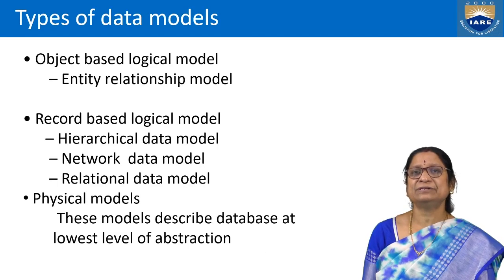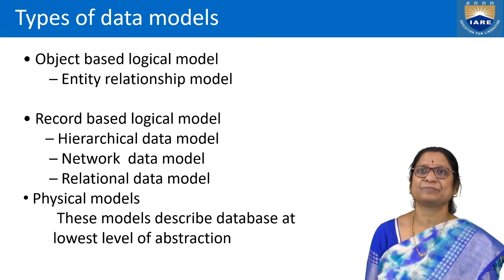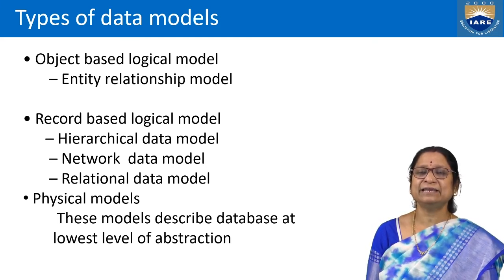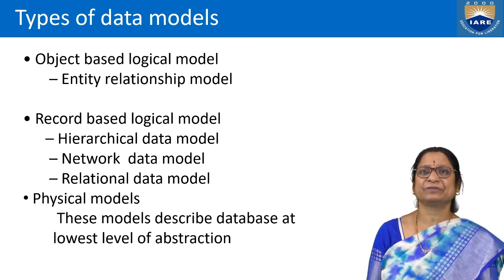These data models are basically categorized as object-based logical models, record-based logical models, and physical models. Whenever we are designing a database, the database must be logically designed first, then it must be stored in our secondary storage, that is the physical design.